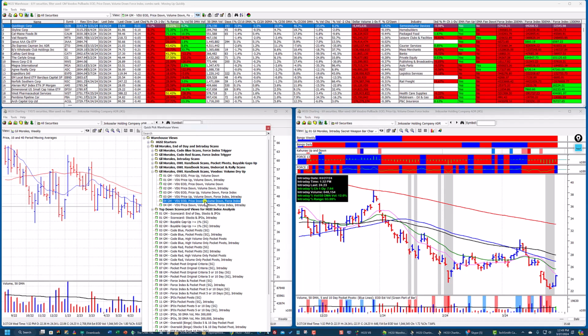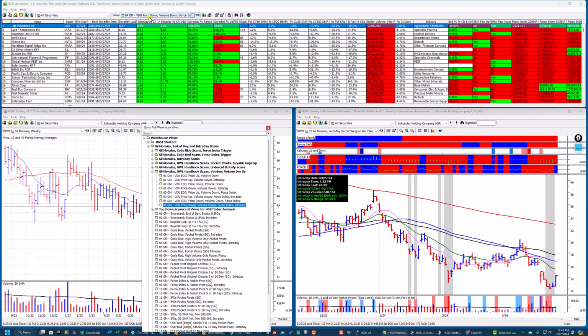And this one, just different. Volume dry up, end of day, price down, volume down, negative force index. And you can see the force index columns are right here. I didn't point that out. So force was negative on the 2-day, and here's what's happening with them today.